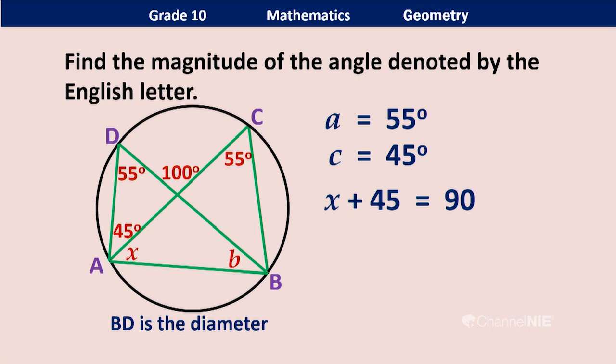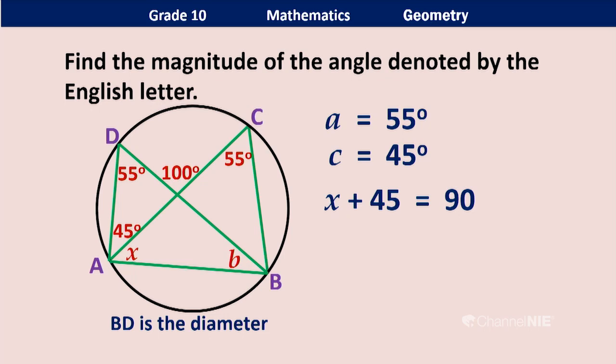So, previously we have learned that the magnitude of the angle in a semicircle is 90 degrees. Therefore, the magnitude of the angle DAB should be equal to 90 degrees. So, DAB angle consists of two parts, 45 degrees and X. So, we can say X plus 45 is equal to 90 degrees.